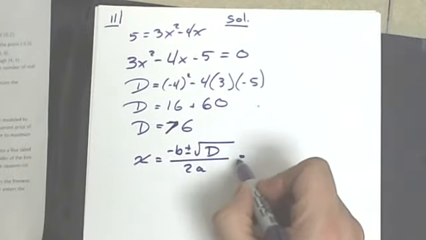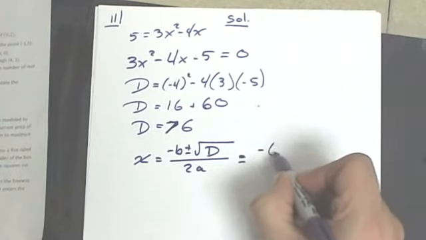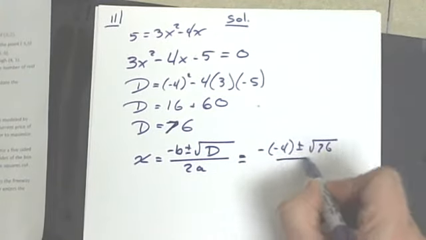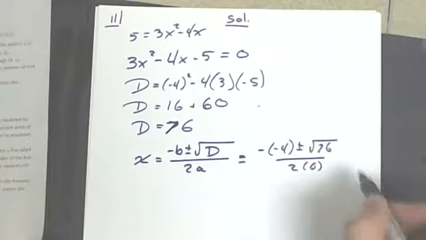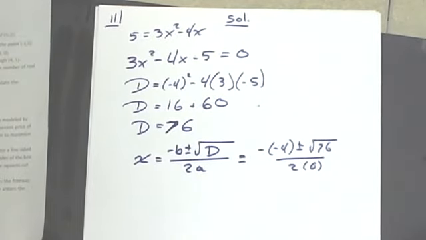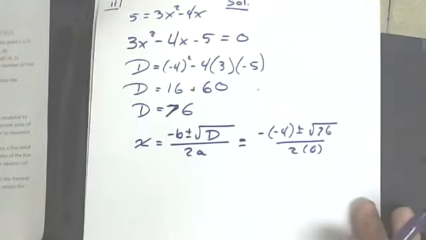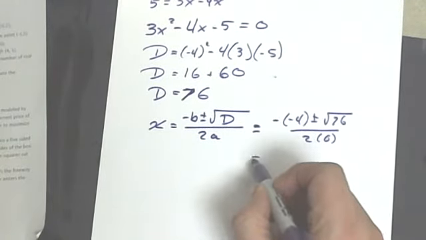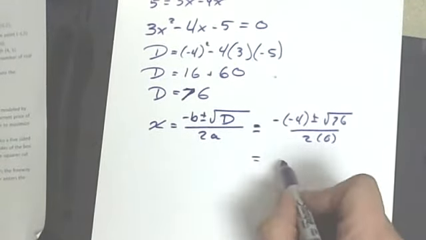So this just turns into negative 4 plus or minus the square root of 76 over 2 times 6, and all we have to do is simplify that. I think it's handy. If you don't like it, don't do it. But I think it's handy. Still, be able to use the discriminant either way.